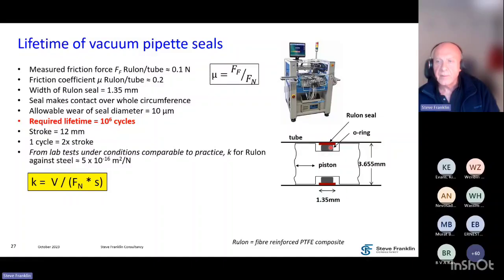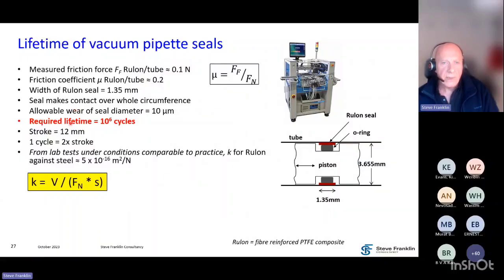If the pressure from the O-ring is not sufficient, then it won't be sealing well enough anymore. That gives you a limitation on the amount of wear that's allowed on the seal diameter.